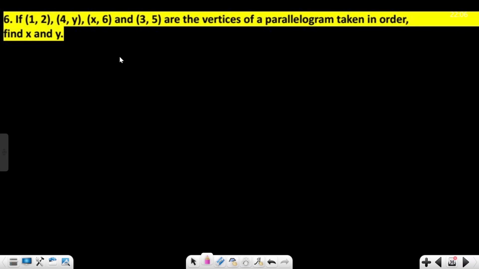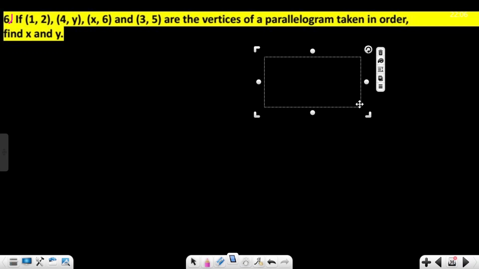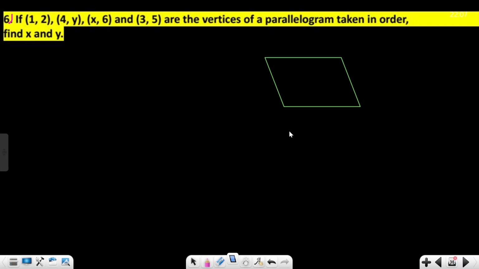Okay, now we start question number 6. If (1, 2), (3, 4) coordinates are the vertices of a parallelogram taken in order, find x and y. First we make the parallelogram. This one is a parallelogram.